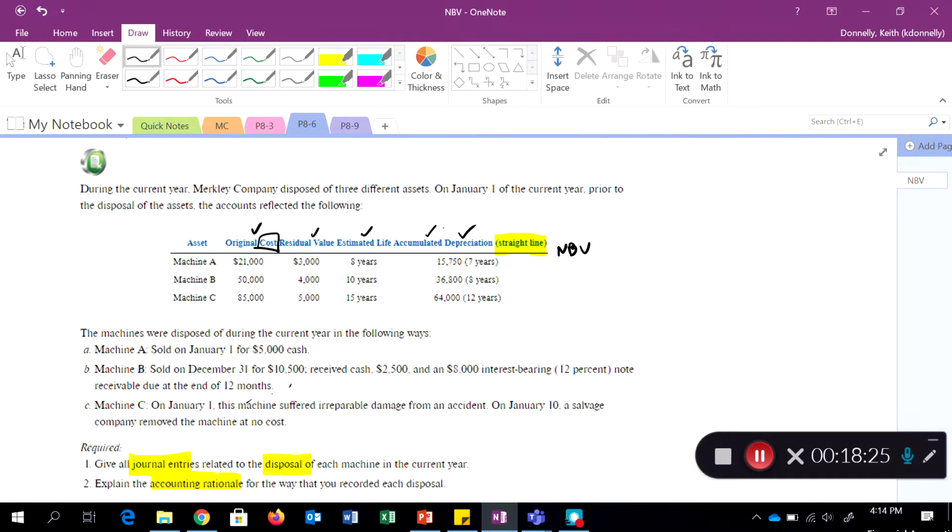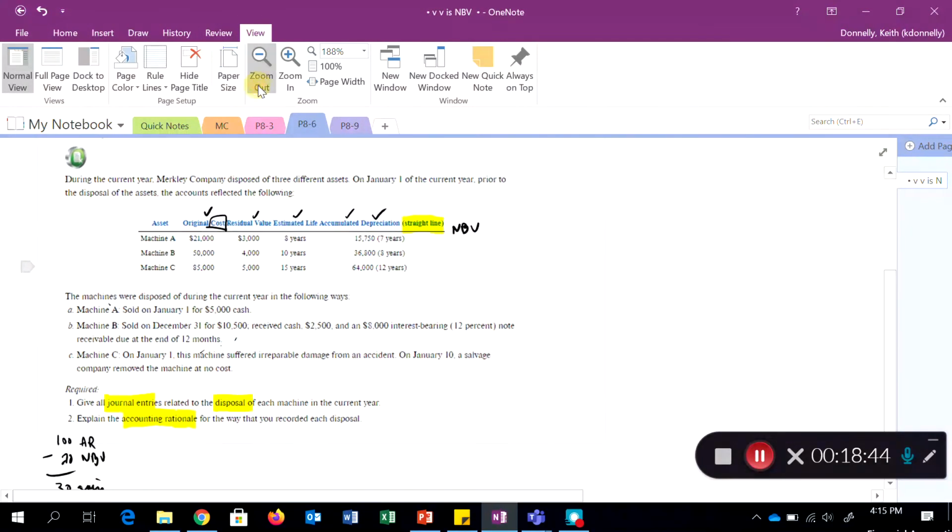But let's look at each of the items here, and let's start with A. Machine A, it looks like we sold it on January 1st for $5,000 cash. Let me zoom out a little bit here.